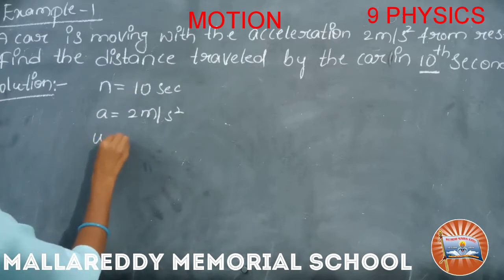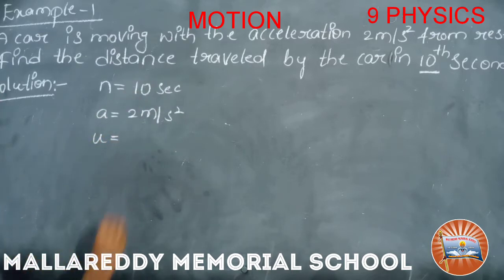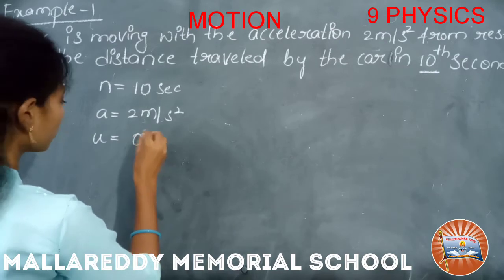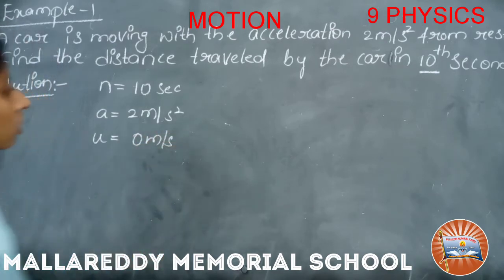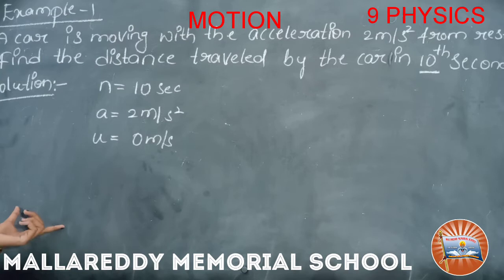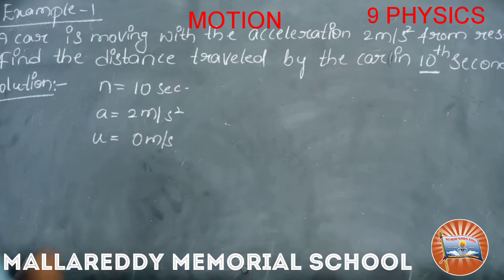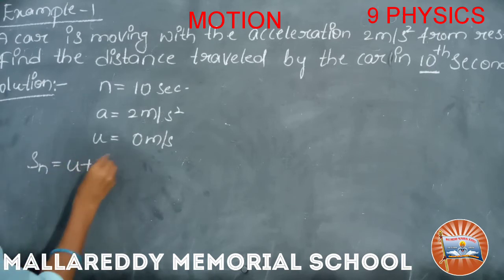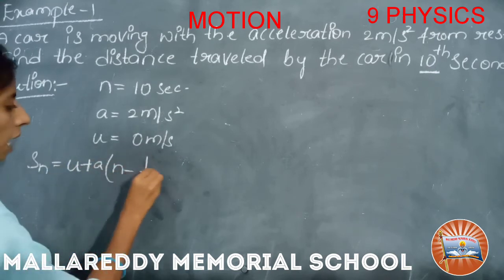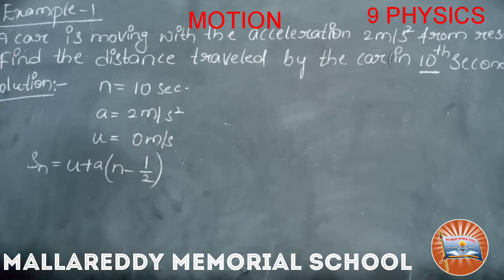And the initial velocity they are given rest, so that is 0 meter per second. So here we have to find out the distance travelled by the car at 10th second. So here the equation is Sn is equals to u plus a into n minus 1 by 2. So in this equation we have to substitute the values.